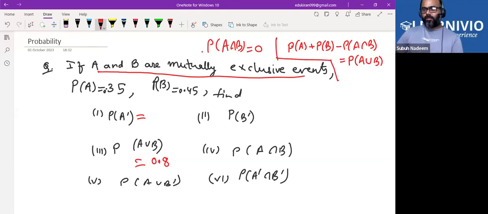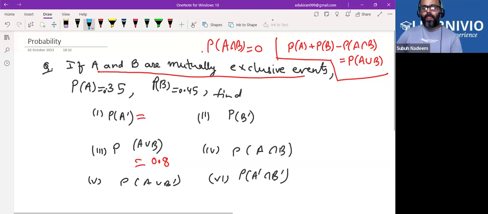What about the first one and second one? Just think about it. Rishita, you can also relate this with sets. As we do in sets, similarly, this is the addition formula in probability.